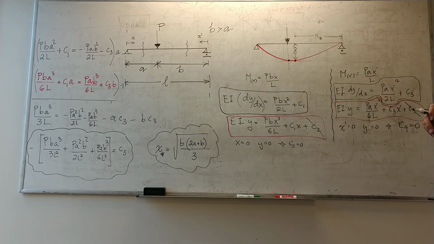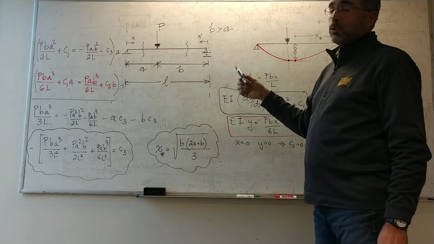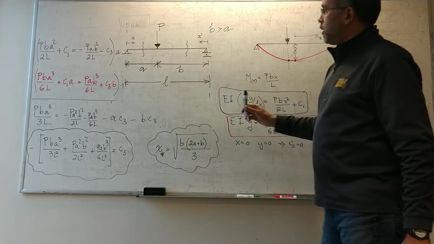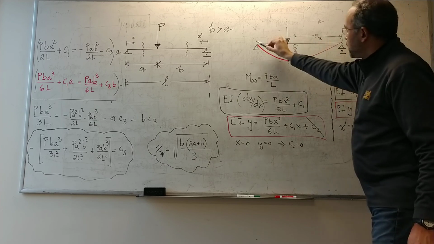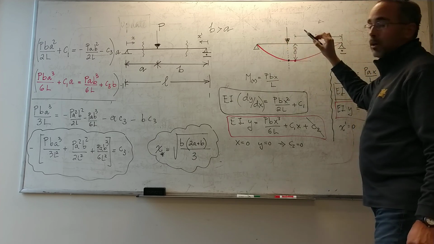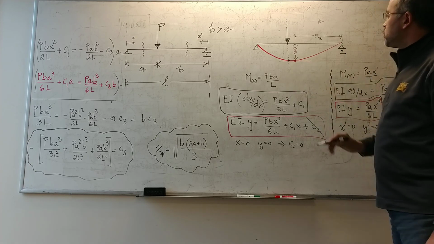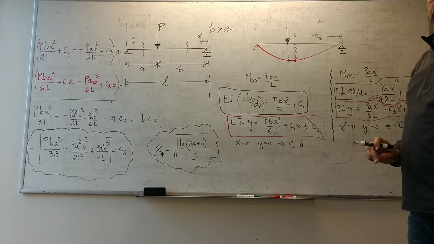Okay? So this is again a case where you have to use compatibility, and you have to be careful to realize that these angles are the same but with opposite signs at the point where you have to use compatibility in order to find the integration constants.